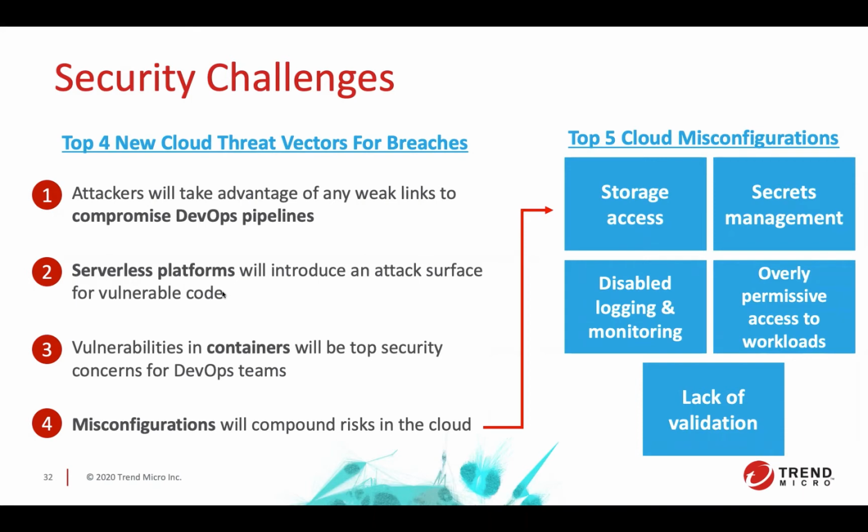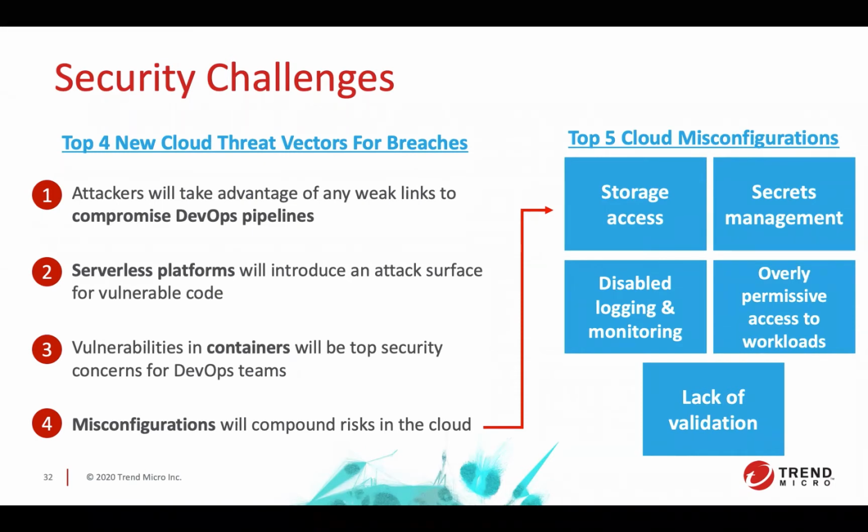These start with weak links within the DevOps pipelines, serverless environments, if you're leveraging anything like AWS Lambda, Azure Functions, and so on, vulnerabilities within containers themselves, and ultimately the misconfigurations of the public cloud itself.